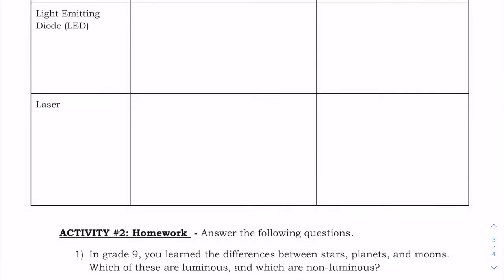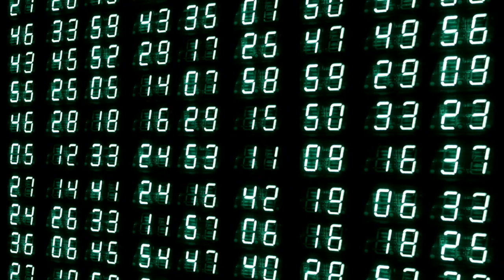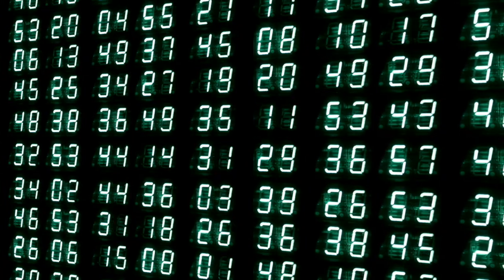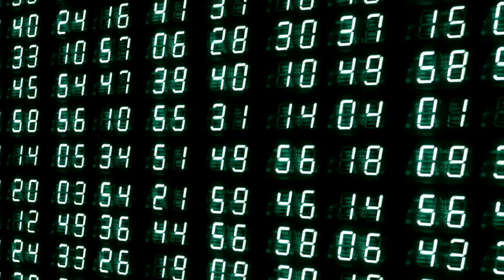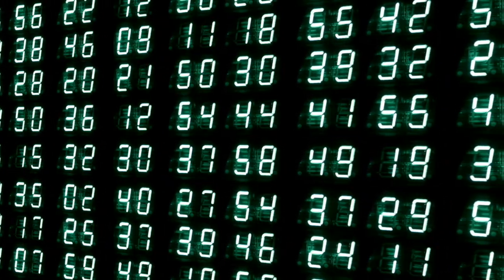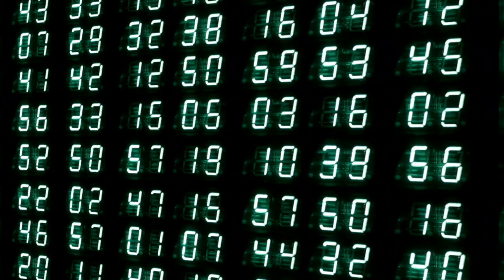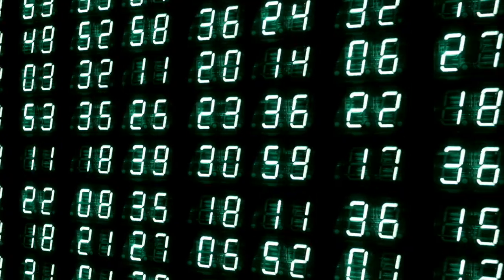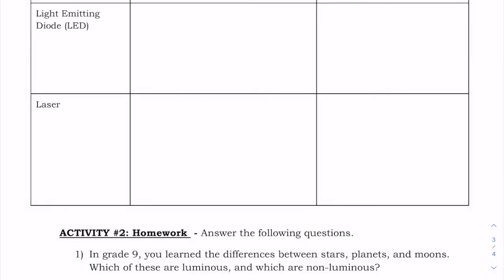Next up we have LEDs. This is actually an acronym that stands for Light Emitting Diode. LEDs are much more efficient than incandescent light bulbs. They do not require a filament and they're much cooler to the touch, so less energy is wasted in the form of heat. In this case, light is produced when an electric current flows through a semiconductor.